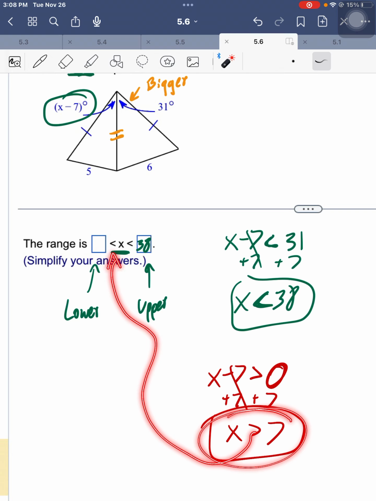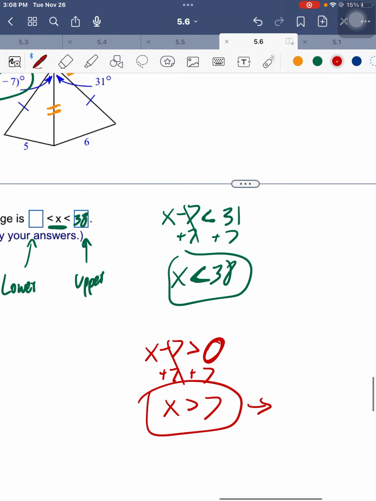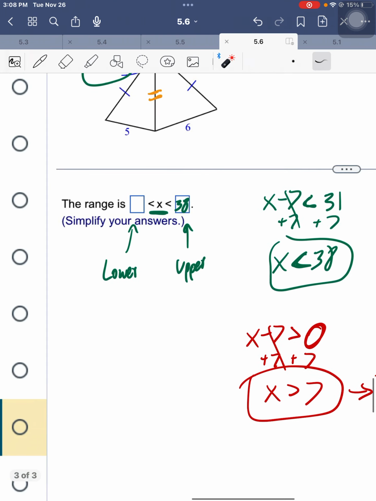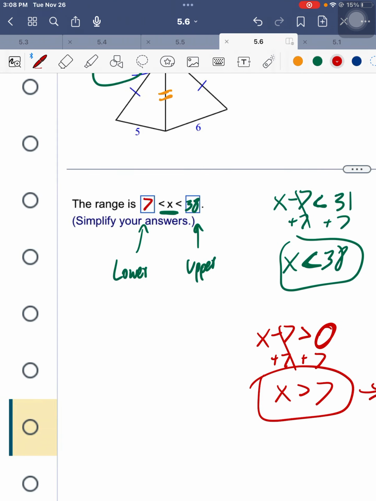This does not look like the nice format I want to put here. This is a less than sign, this is a greater than, so all I'm going to do is flip it so that it's 7 is less than x. So now I have my two less than signs that I wanted, right?